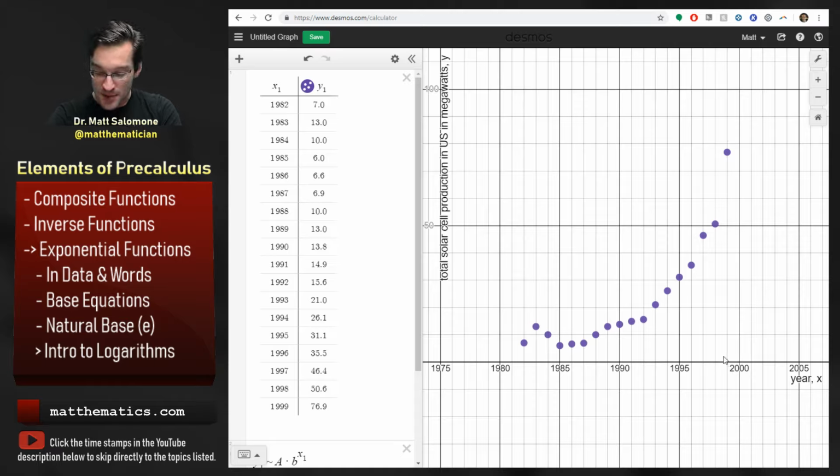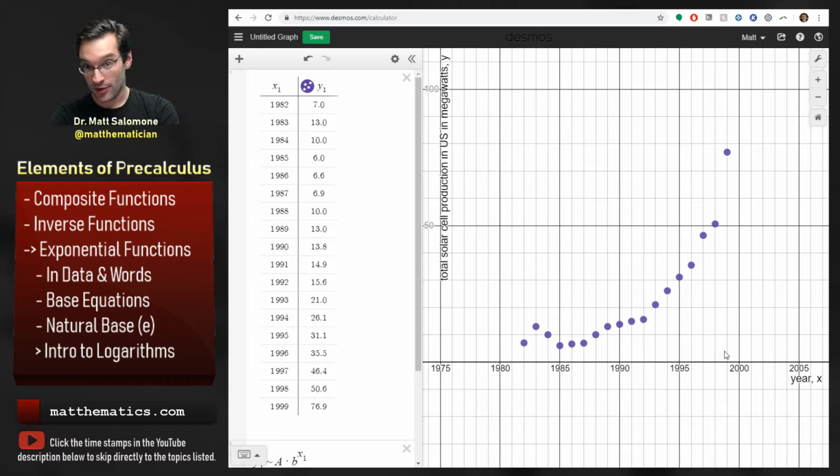Because BP is a large energy corporation, they were keeping track of the total production in the United States of solar energy. So how many megawatts in total of solar energy cells were being produced by U.S. companies in each of these years, starting in 1982 and running up through 1999. So this data set is a little bit old. You might imagine that this number is a lot higher nowadays than it was back in the 90s. And you'd probably be right.